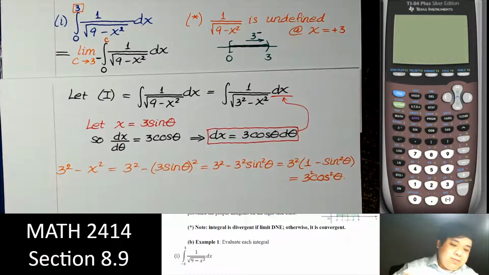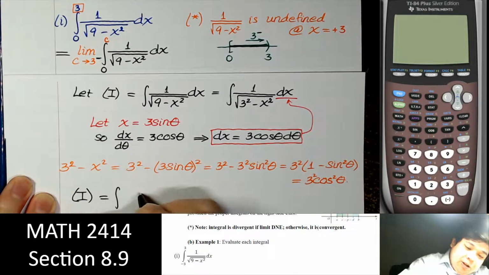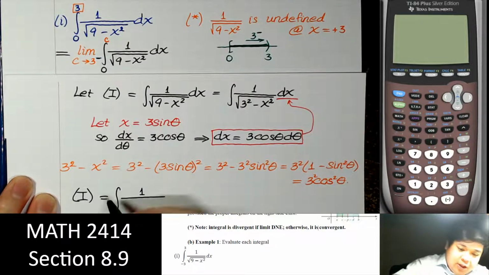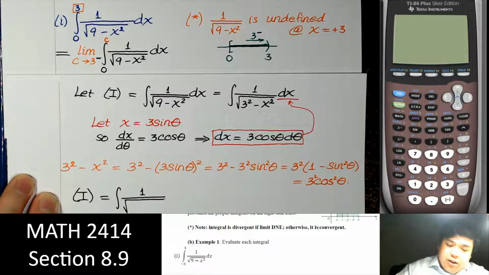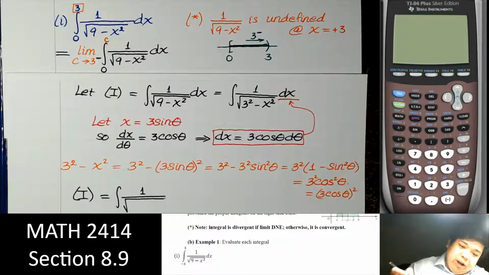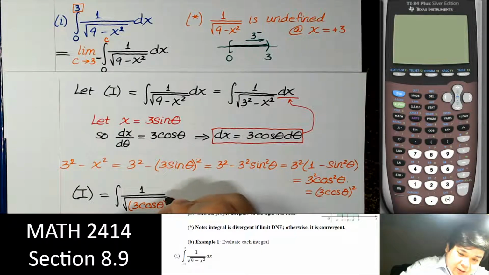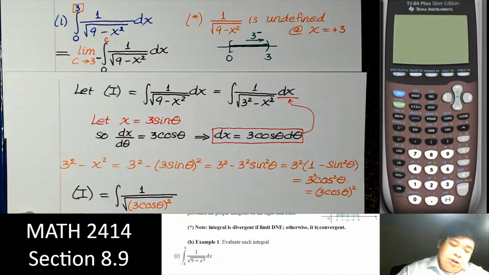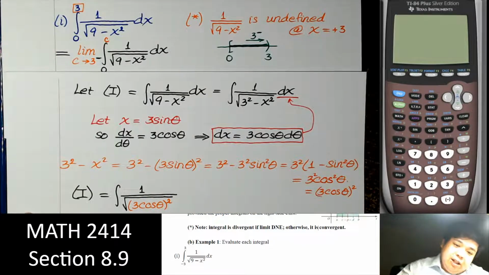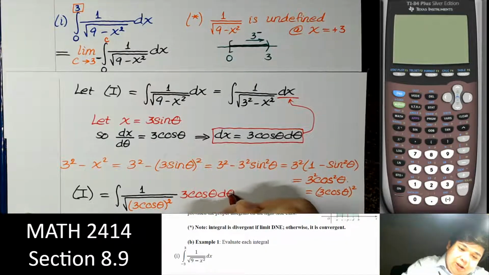So the integral I becomes 1 over the square root of 3 squared cosine squared theta, times dx, 3 cosine theta d theta.